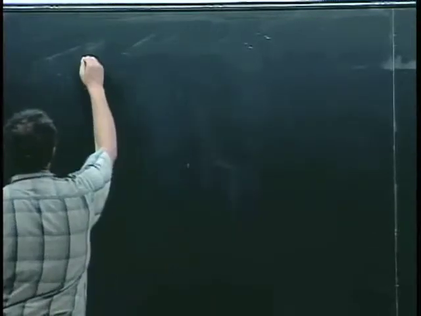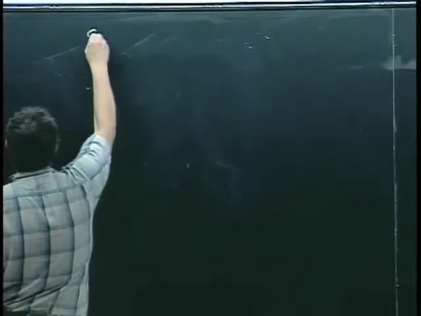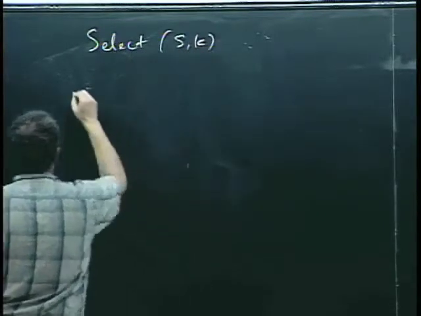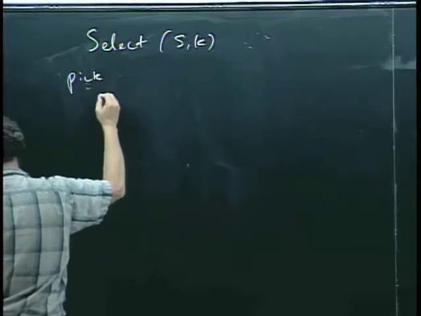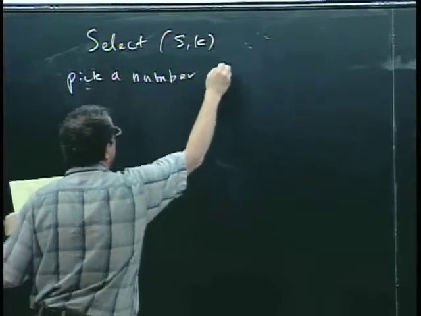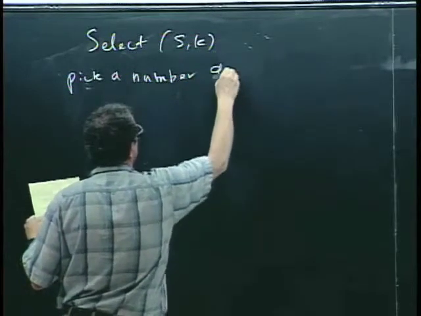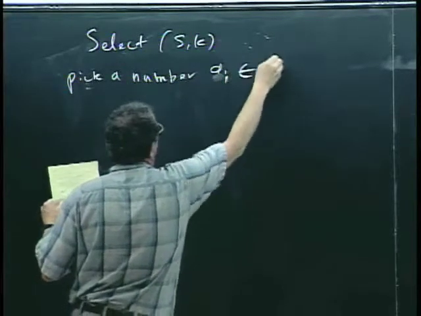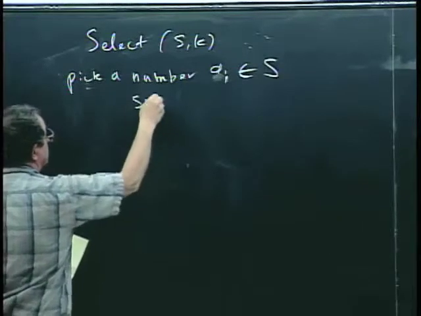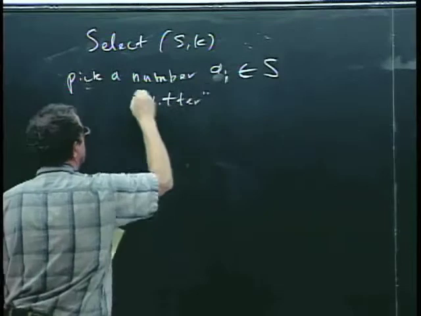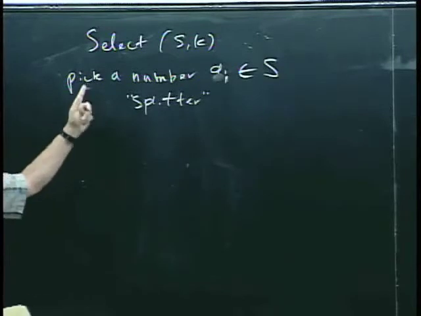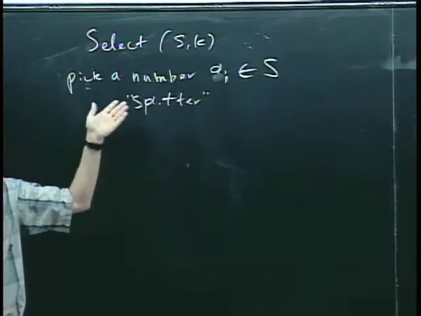So here's the algorithm. The header, select(S, k), and the algorithm is: pick a number a_i contained in S. And this number is called a splitter. Now, how you pick this is going to be the subject of interest.